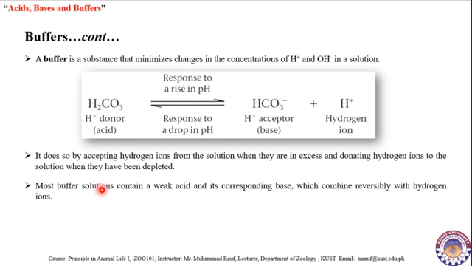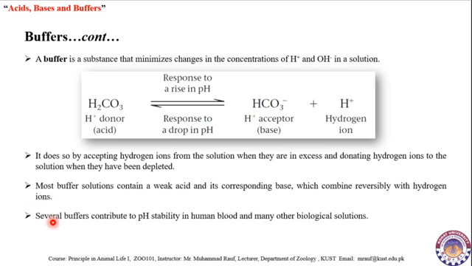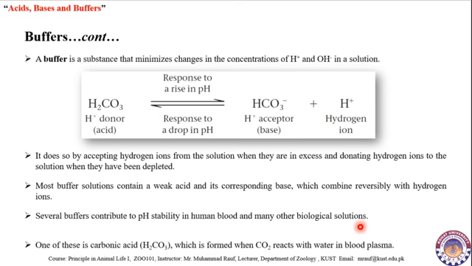Most buffer solutions contain a weak acid and its corresponding base, which combine reversibly with hydrogen ions. Several buffers contribute to pH stability in human blood and many other biological solutions.